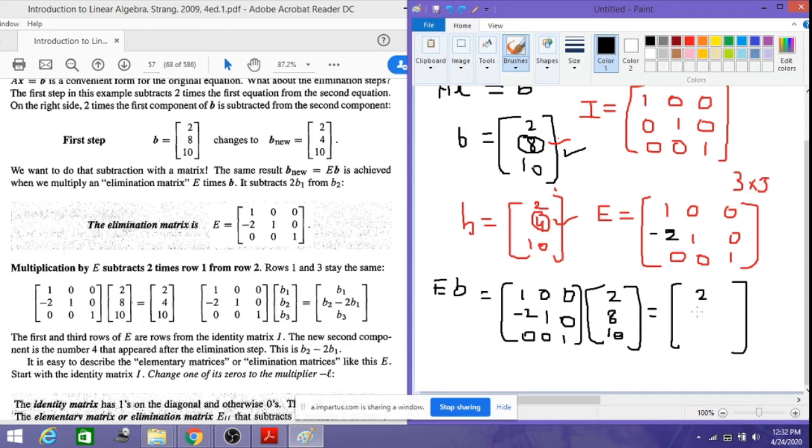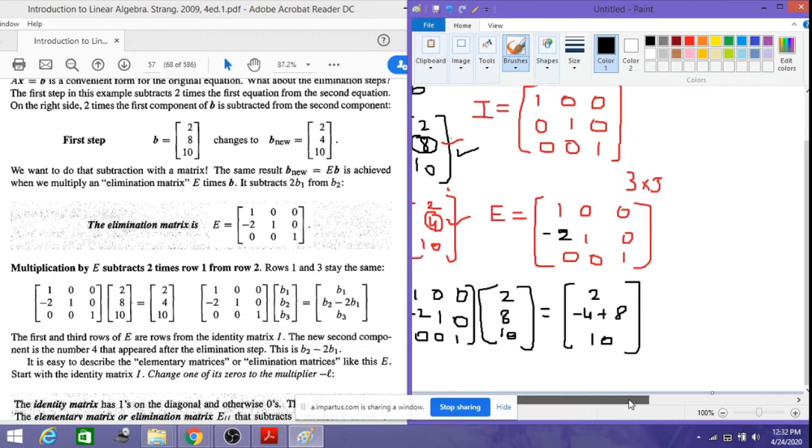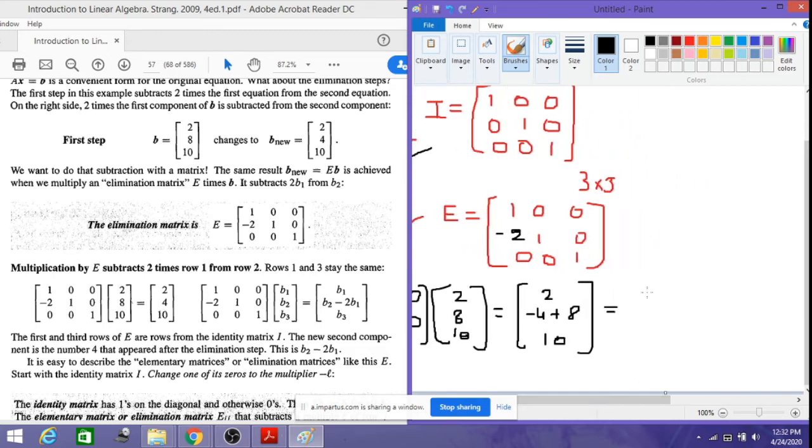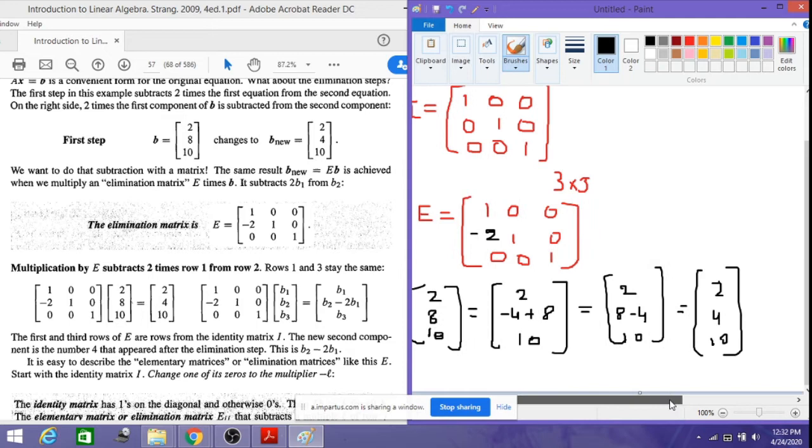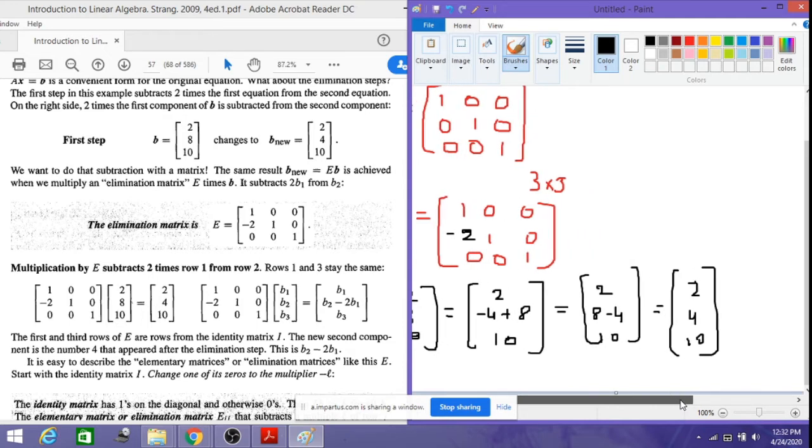It is -2 into 2, so I'll get -4 plus 8. And then the last row, everything remains the same, so I'll get back my 10. So if I rewrite this, I can write this as 2, 8 minus 4 and 10. So I'll get 2, 4 and 10. See, I have eliminated, or I have brought 8 down to 4.